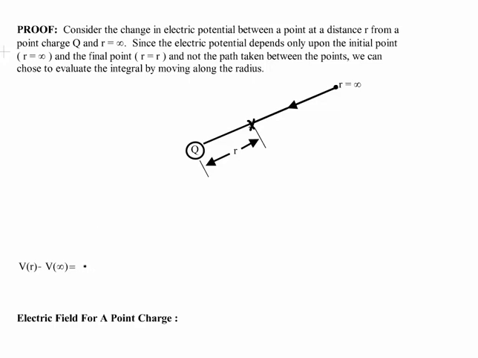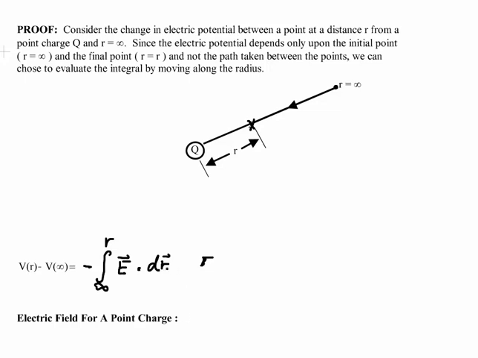Now, this says that the change in potential is the negative of the integral, as I move from infinity to r, of the electric field dotted into the displacement. But how do you write the displacement in spherical coordinates? Well, that's what we want to know.